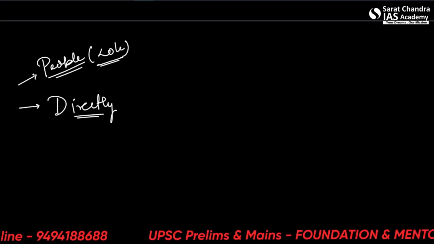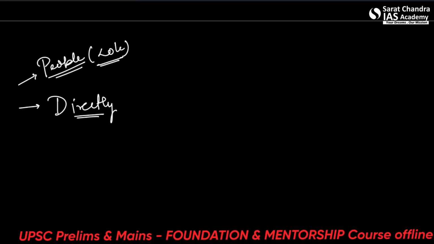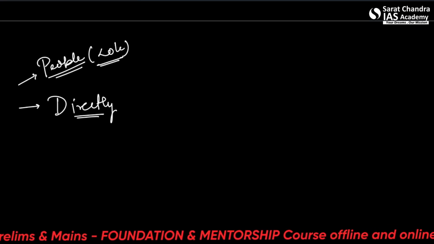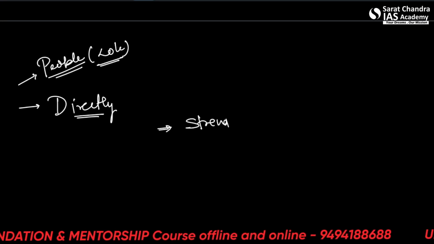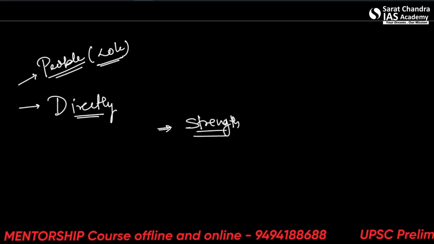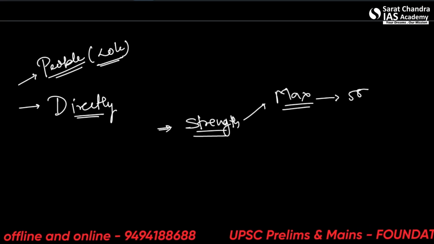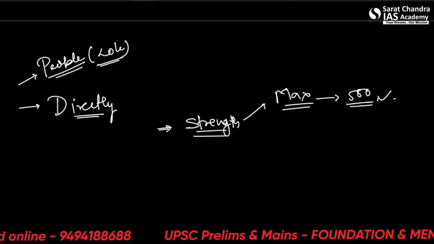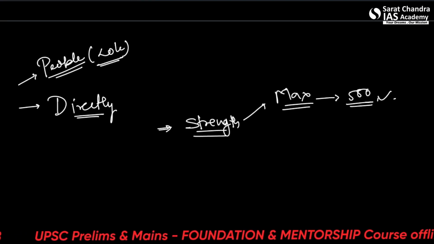On the basis of universal adult suffrage, the Constitution of India allows for a maximum of 550 members of the House. So this is the strength. The maximum is 550, with 530 members representing the states and 20 representing the union territories.